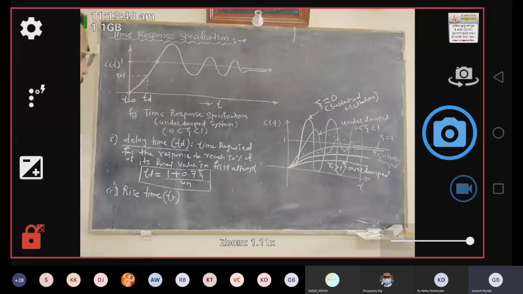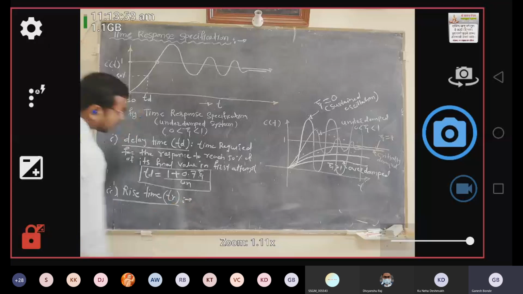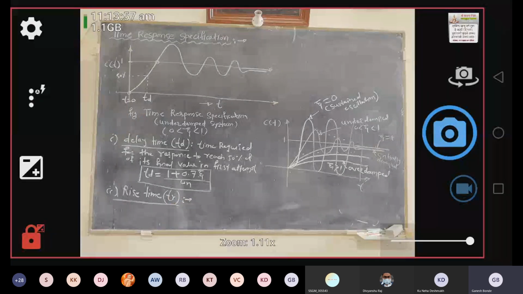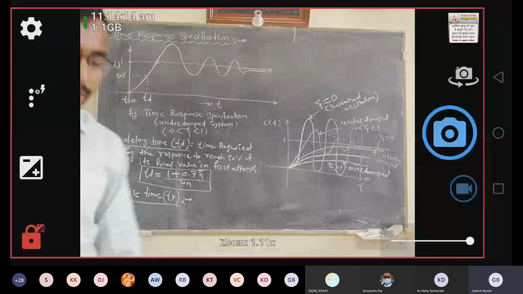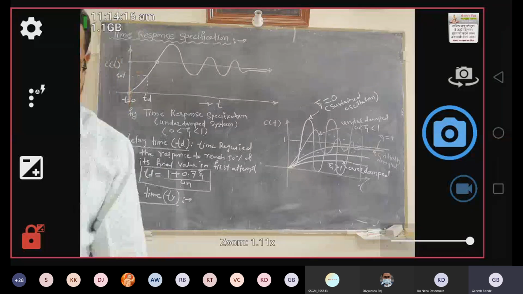Rise time can be defined with respect to the type of the system, whether it is overdamped or underdamped. For an underdamped system, rise time is the time required for the system to reach 100% of its final value.